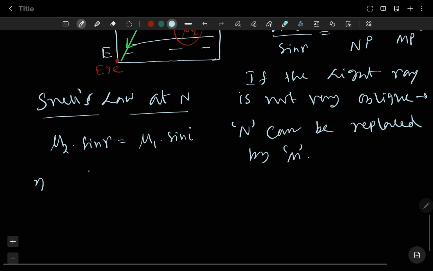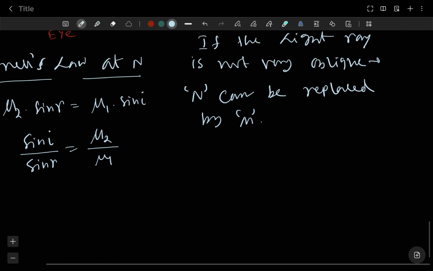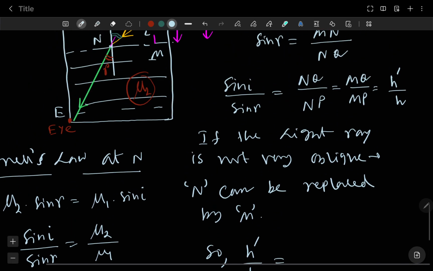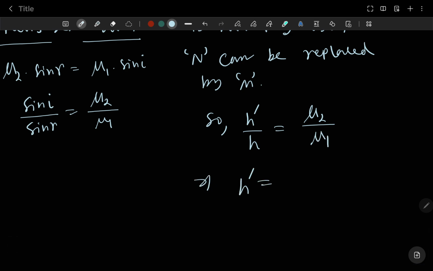So sin i by sin r is mu 2 by mu 1. So h dashed by h will be sin i by sin r, that is mu 2 by mu 1. So h dashed will be h into mu 2 by mu 1.